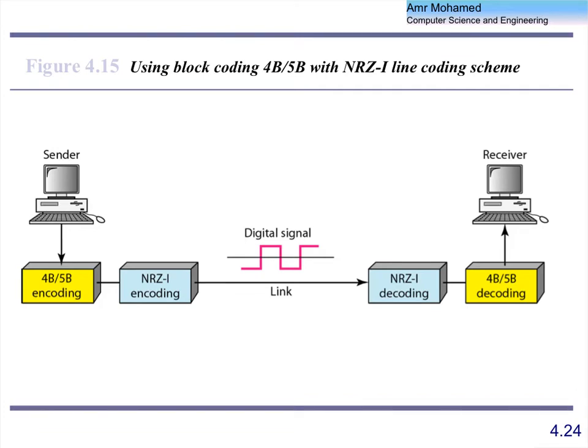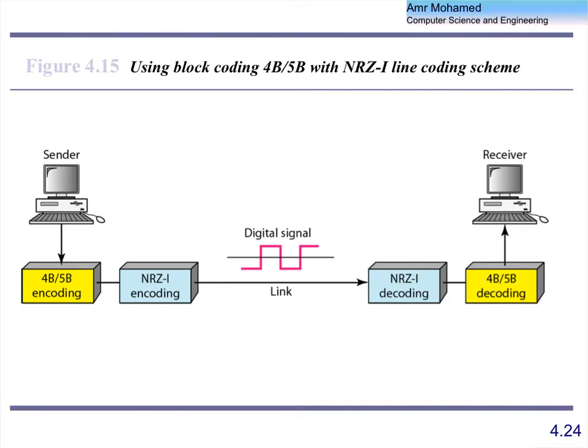What is the cost that we have paid here? What did I pay? Overhead. Why? Because when we go from 4 to 5, we added a full bit, converting each 4 bits to 5 bits.